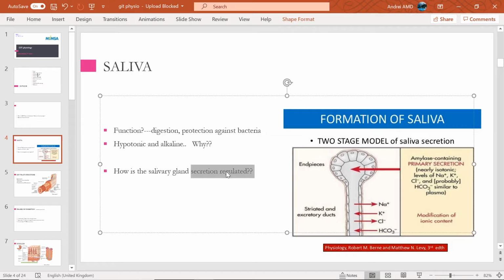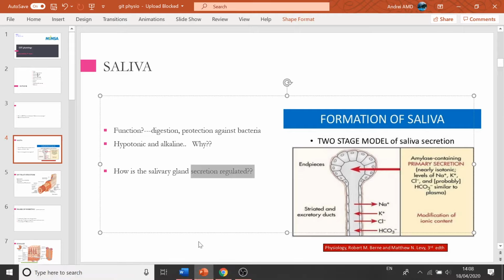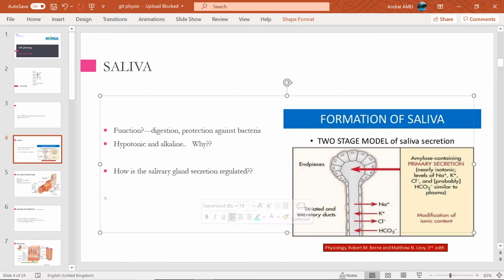By releasing acetylcholine, this ganglion stimulates the parotid gland. In the same way, it activates the submandibular ganglia to the submandibular gland. So that is the way.